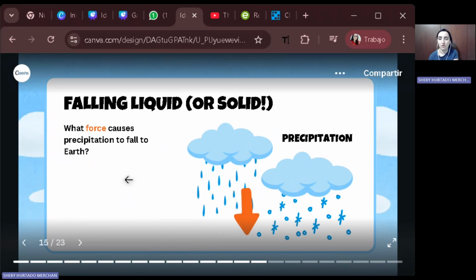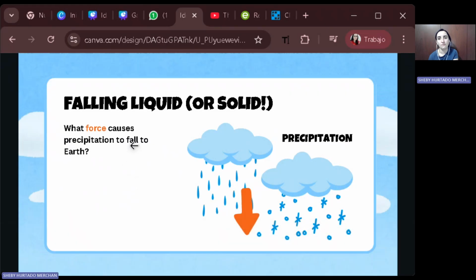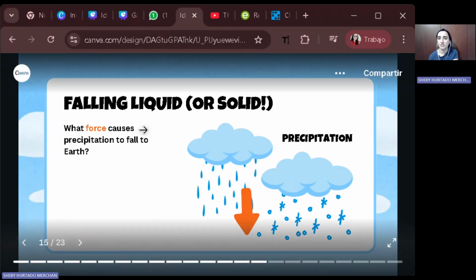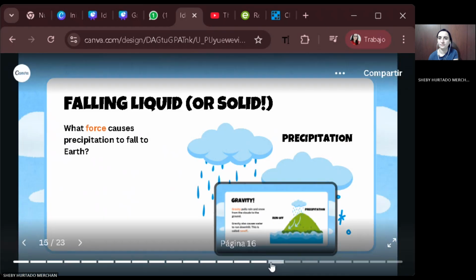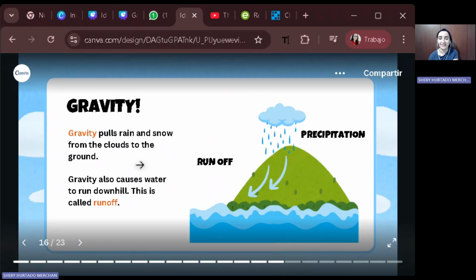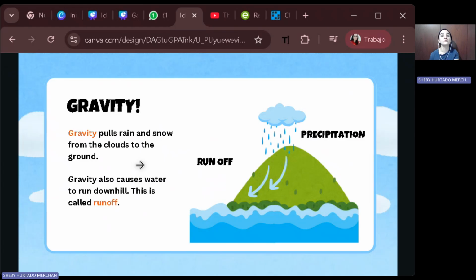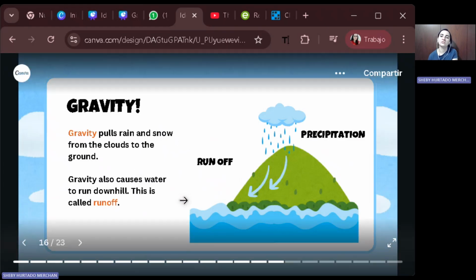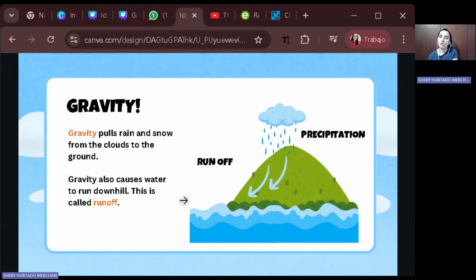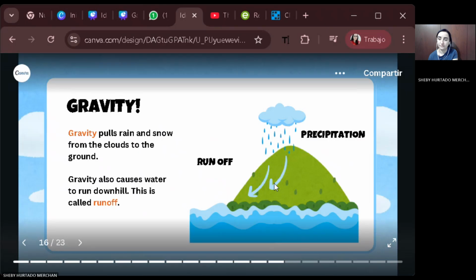What force causes precipitation to fall to earth? Gravity. Gravity pulls rain and snow from the cloud to the ground. Gravity also causes water to run downhill. This is called runoff.